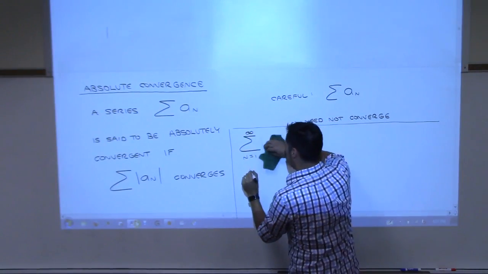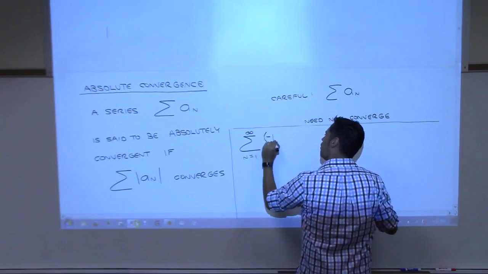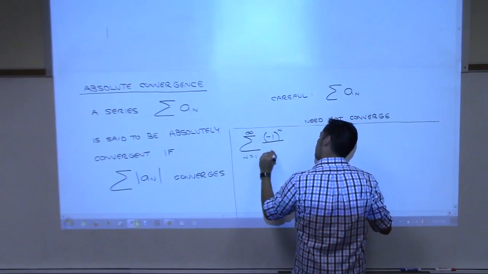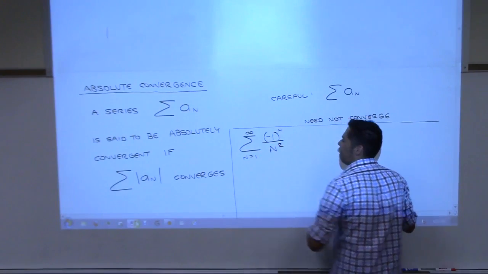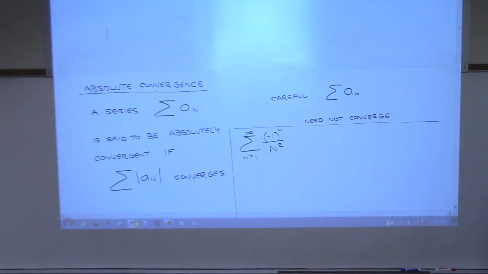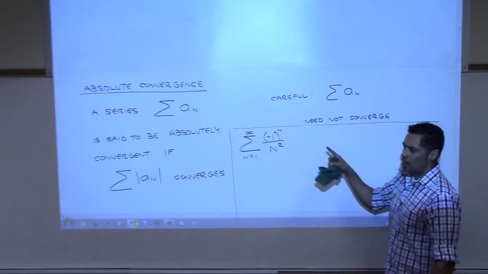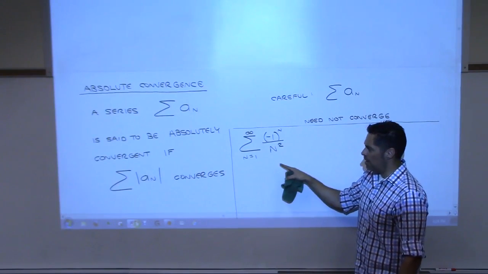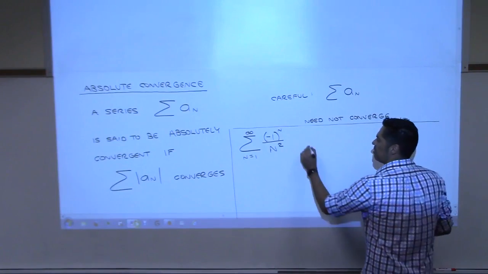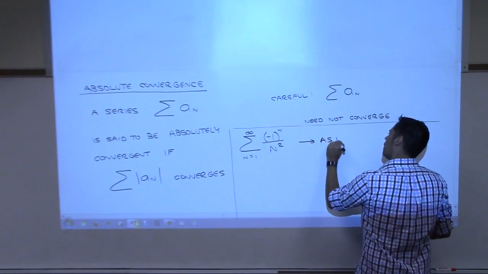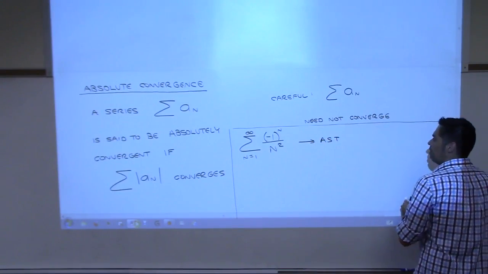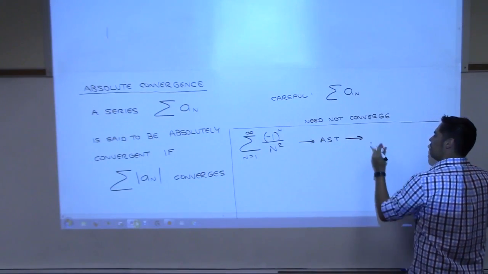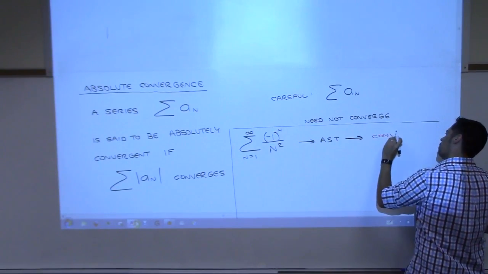I'll write it a little different so you can see some different notation. What type of series is that? Alternating series, right? So I could run the alternating series test on this. I'm not going to do it because of time. If you did the alternating series test, you would be able to show that this converges.